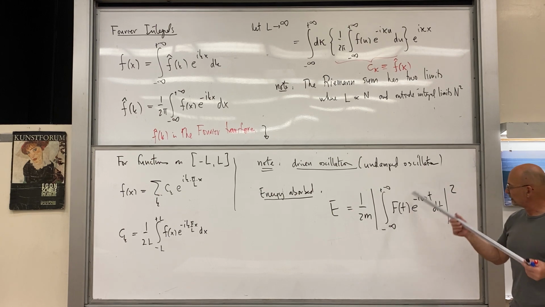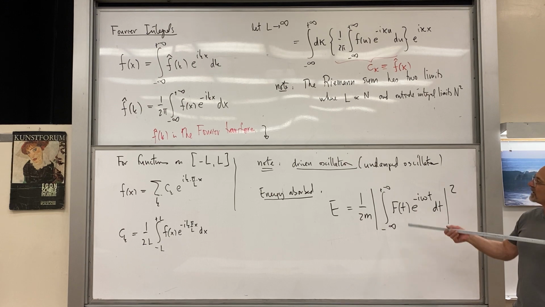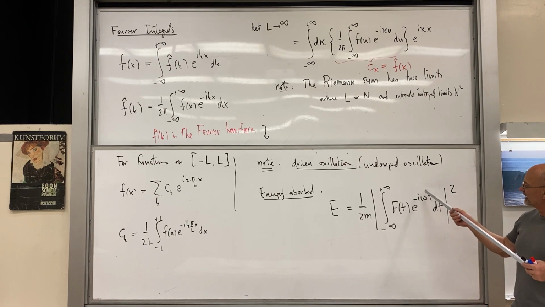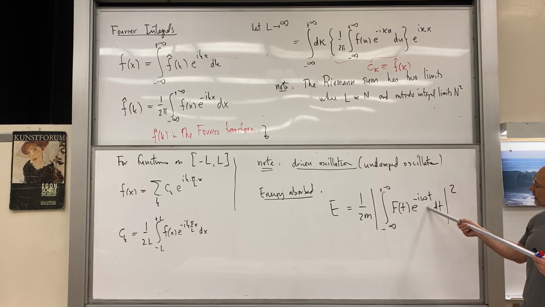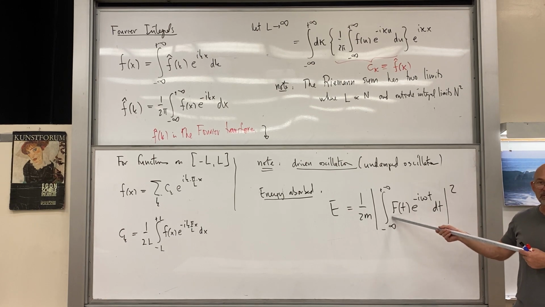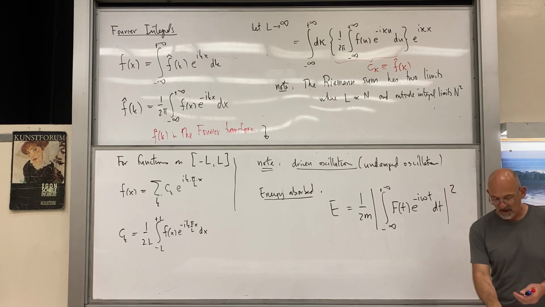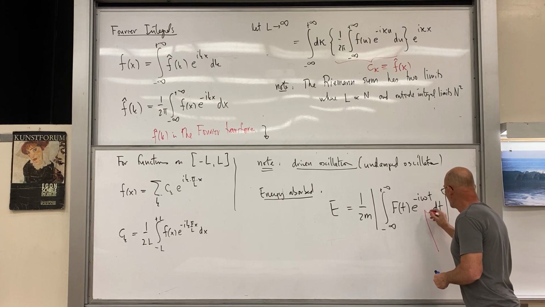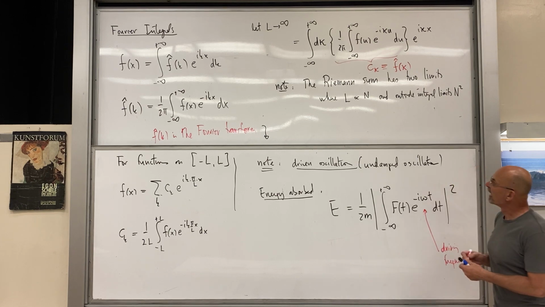In certain limits, this just turns into p squared over 2m. But generally, this thing inside here is the Fourier transform of the driving force, and it's for that frequency omega, the driving frequency of our oscillator.